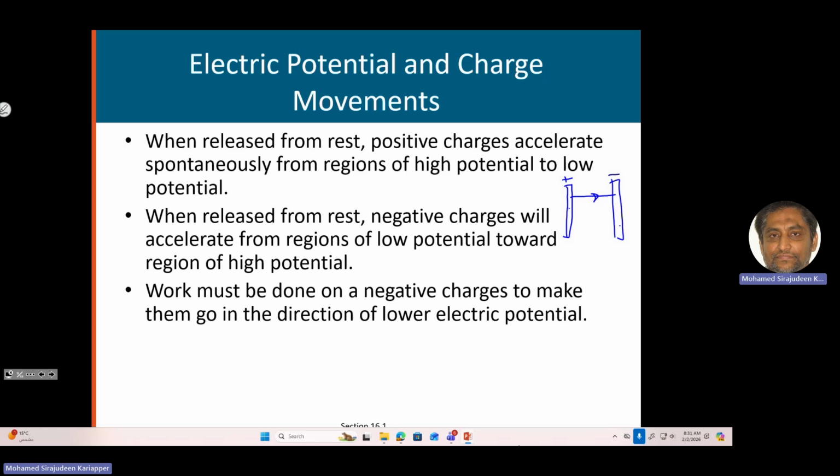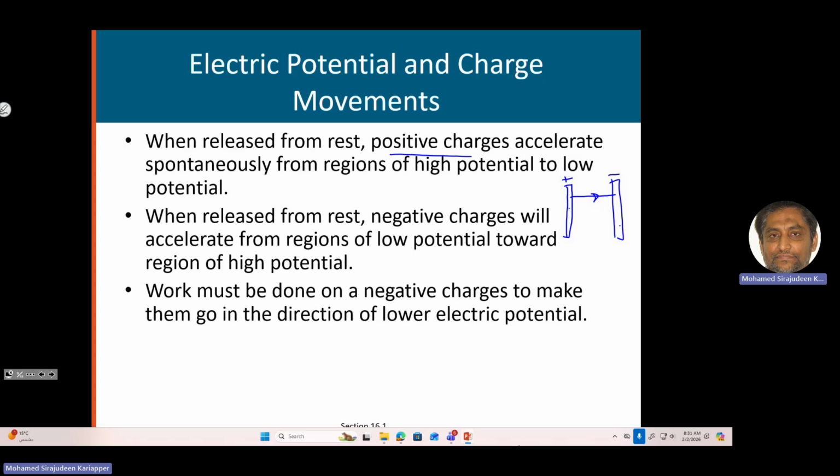You can remember this: a positive charge will accelerate by itself, from the high potential to the lower potential. So you see the reason very clearly. The positive charge will be attracted to the negative plate.